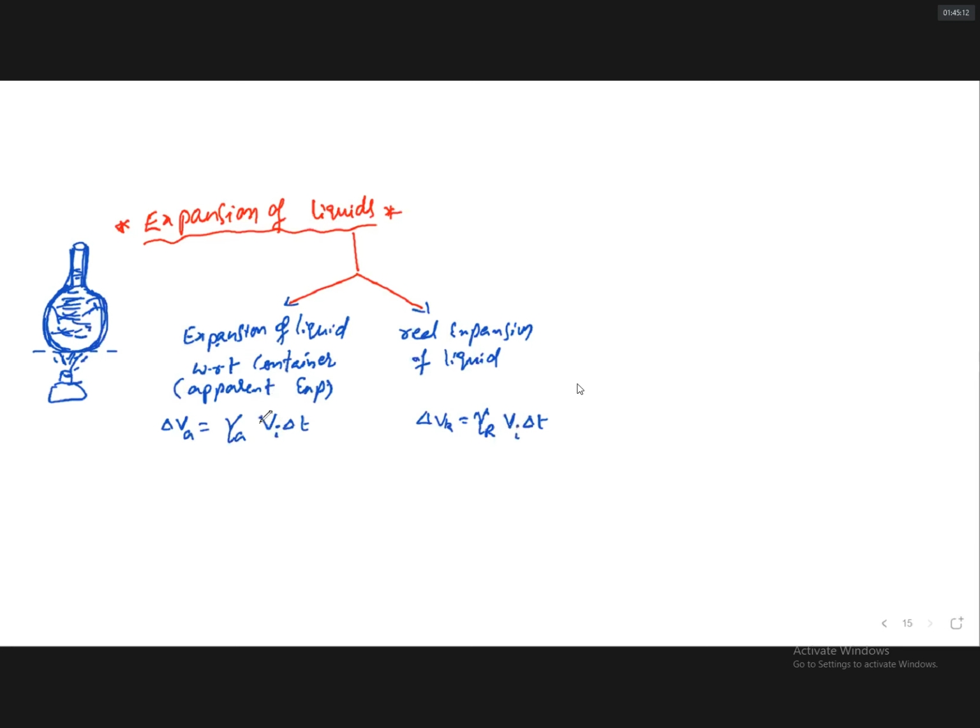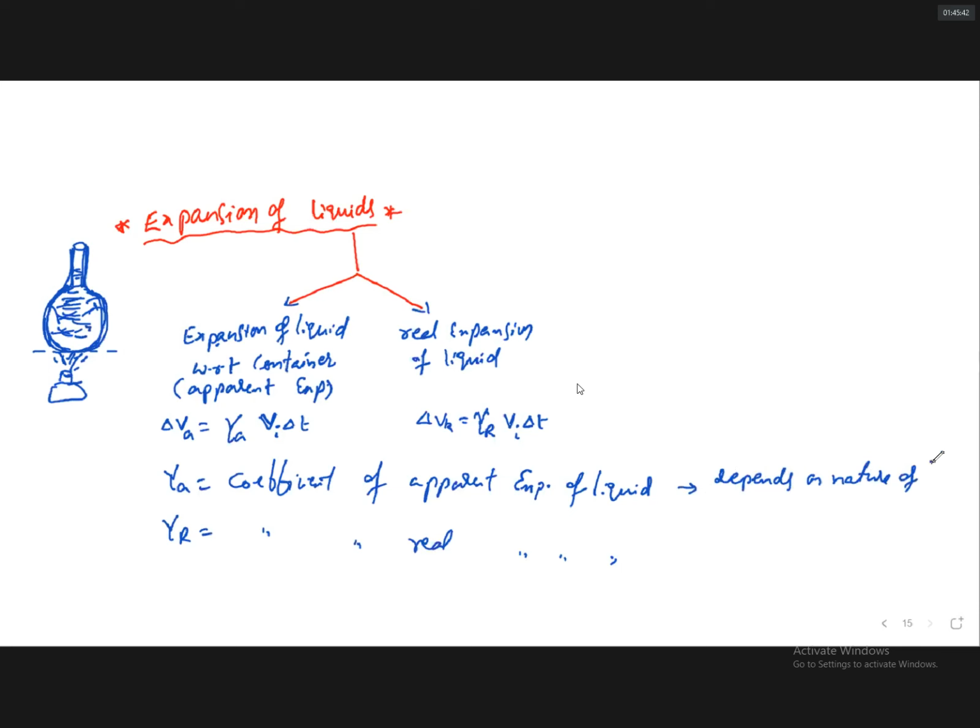Vi is the initial volume of the liquid. Gamma A is the coefficient of apparent expansion of the liquid, and gamma R is the coefficient of real expansion of the liquid.